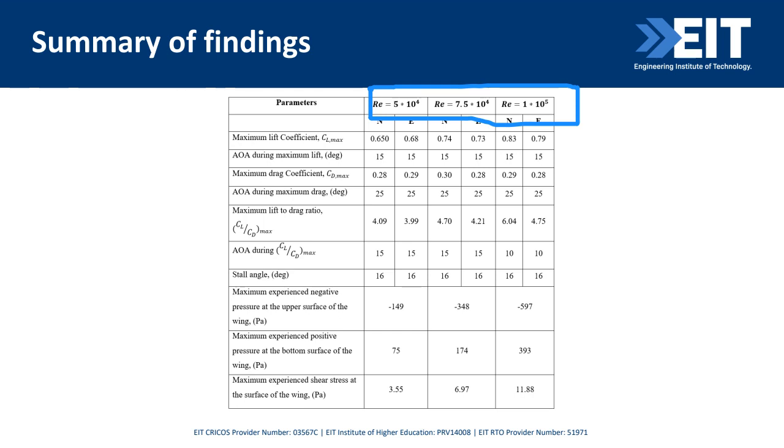By changing everything, we found a kind of similar result, maybe a 5% change in result between the scaled down and scaled up wing. We found pretty much similar results. So that's all from my side.